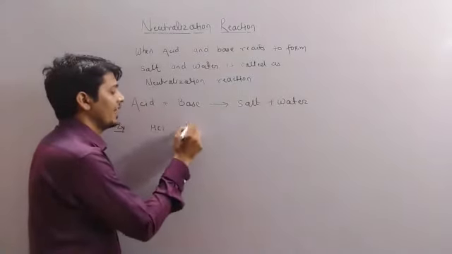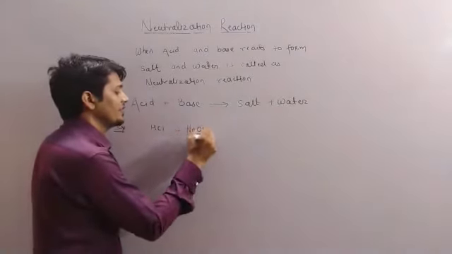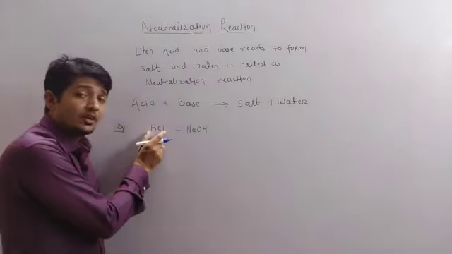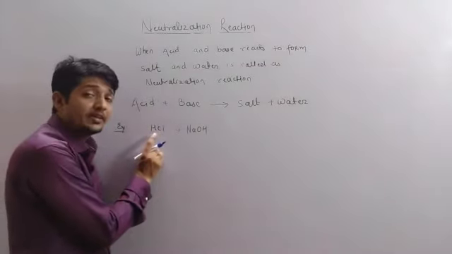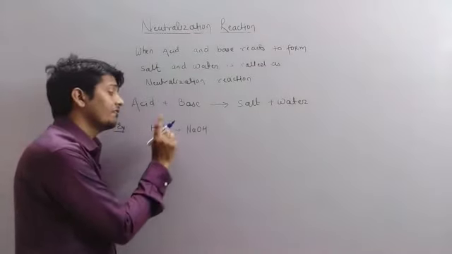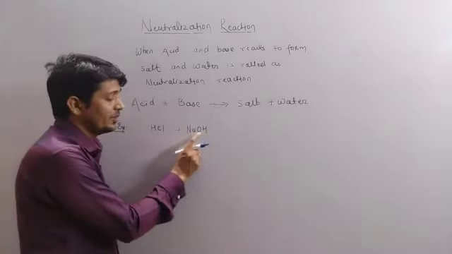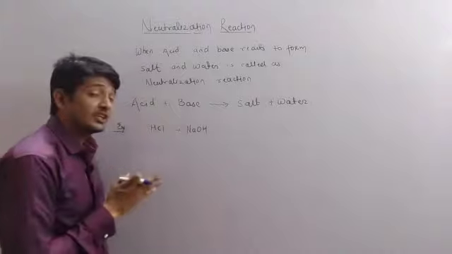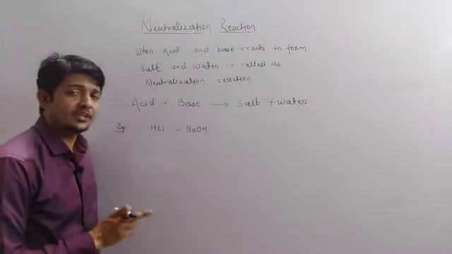Generally we take NaOH, it is sodium hydroxide. See, if we dissolve HCl in water, it produces H positive ion, that means it is an acid. And if we dissolve NaOH in water, it produces OH negative ion, that means it is a base.